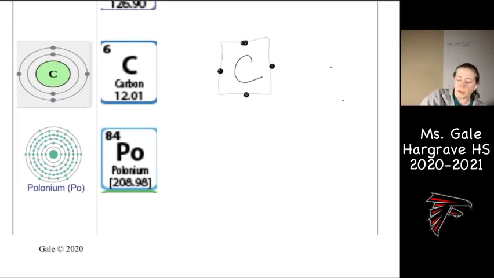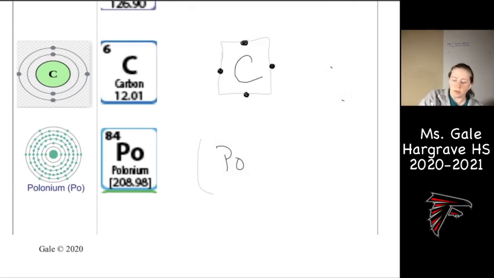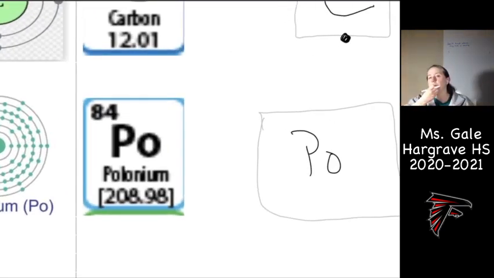So we can do polonium, Po, our atomic symbol. Draw our little box. And go on your periodic table and find polonium. Where does polonium live on our periodic table?